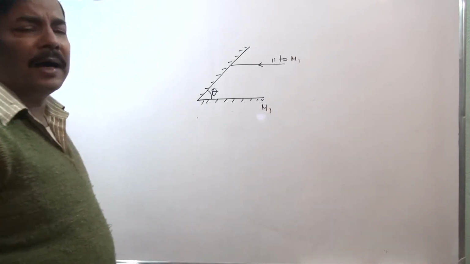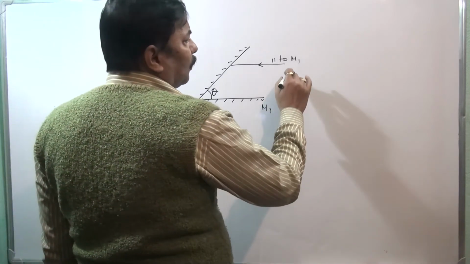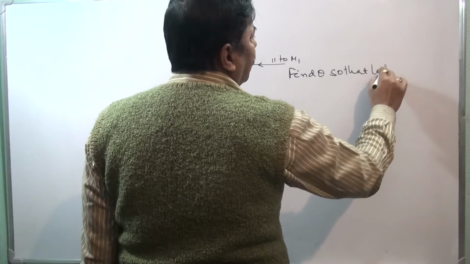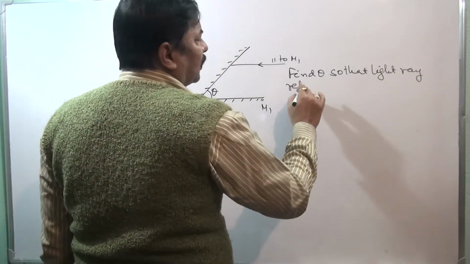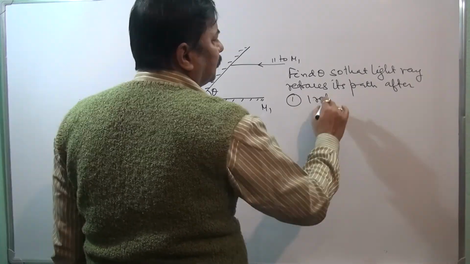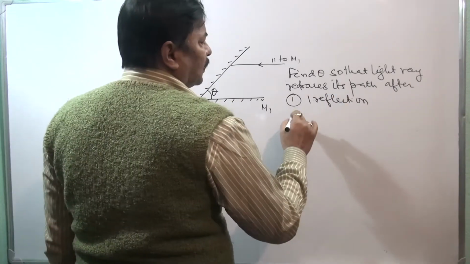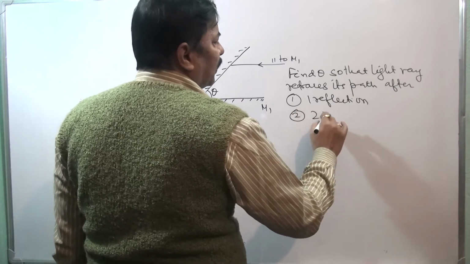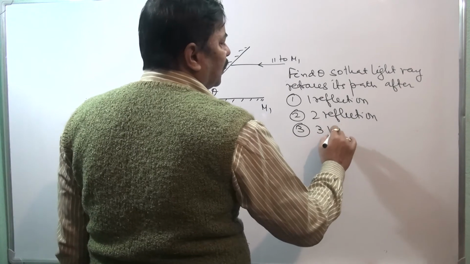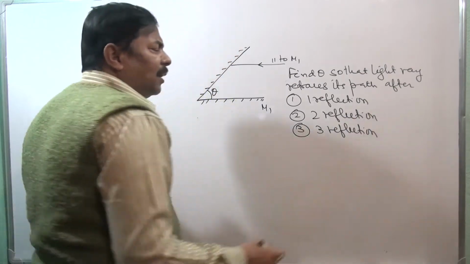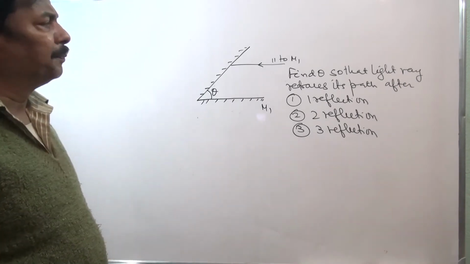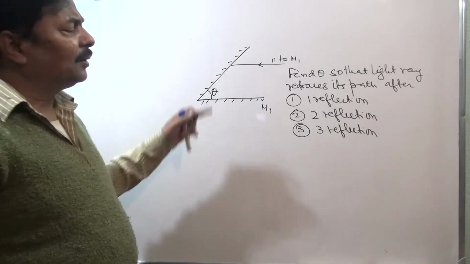Then you have to find theta so that the light ray retraces its path after first one reflection, second two reflections, and third three reflections, and so on, 4, 5, 6, whatever may be given. Now you have to find angle theta.